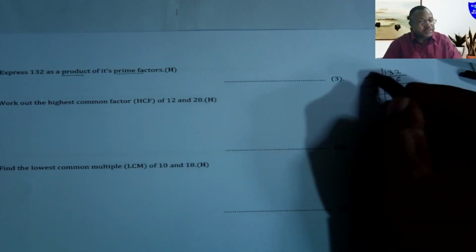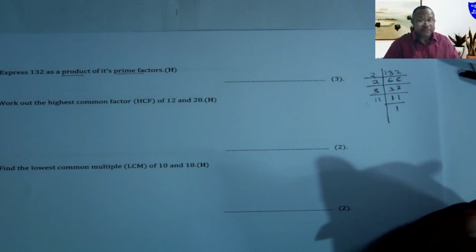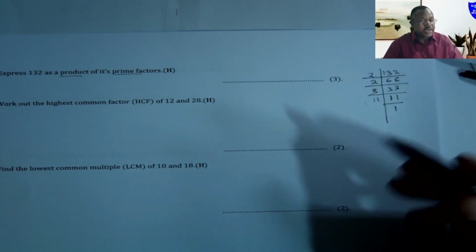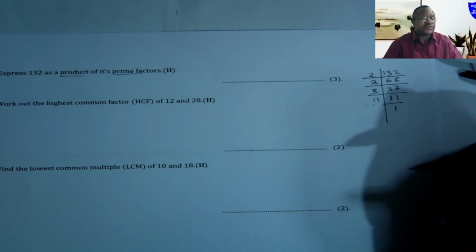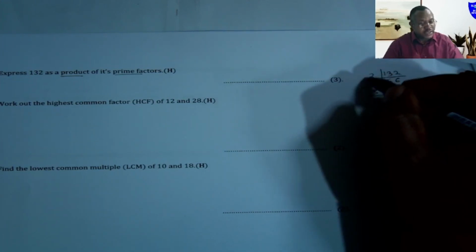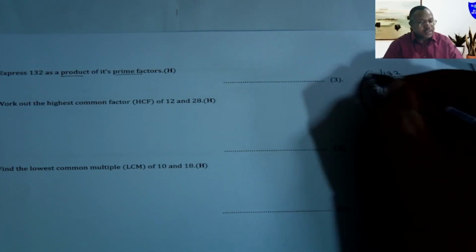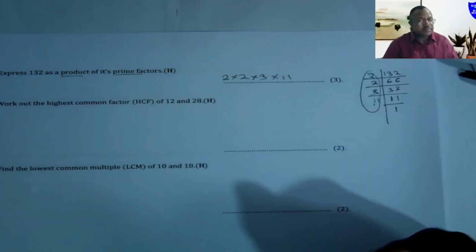Now these are the prime factors. If you multiply 2 by 2 by 3 by 11, you get 132 exactly. No doubt about that. So we write them in this way: 2 times 2 times 3 times 11.